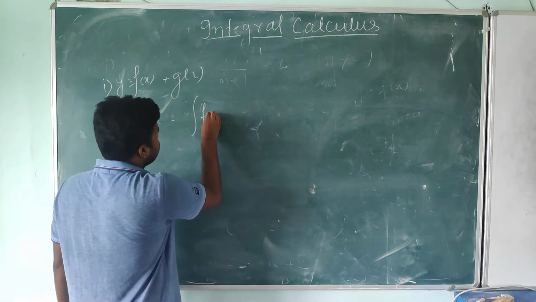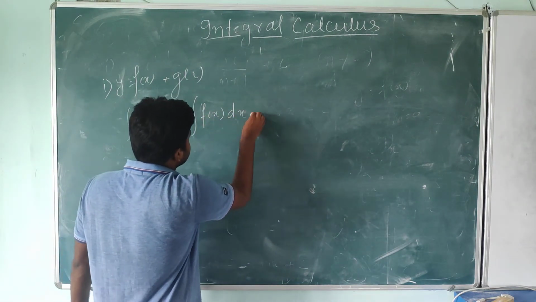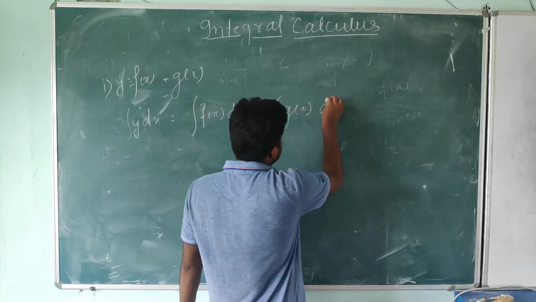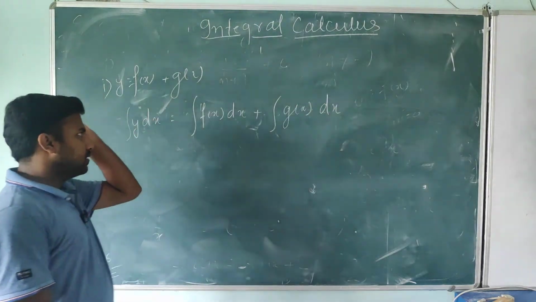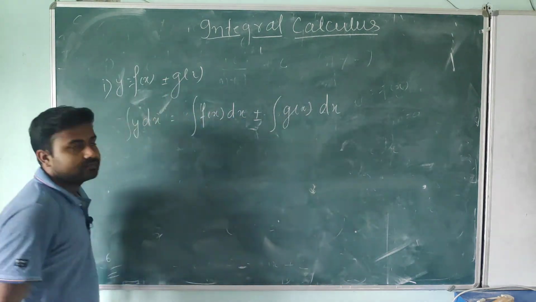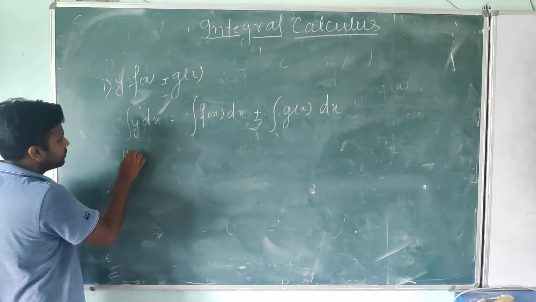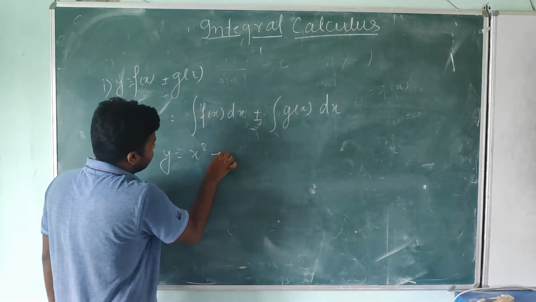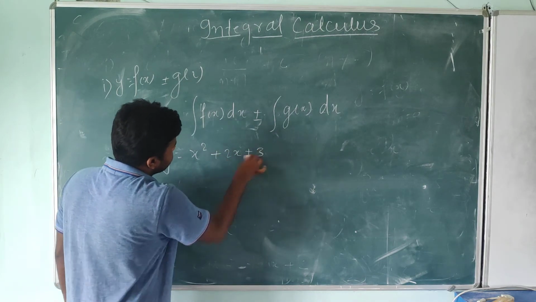Integration of f of x dx plus integration of g of x dx. Okay student, this is valid for both plus and minus. Now I am taking an example so you can understand. The example is y equal to x square plus 2x plus 3.